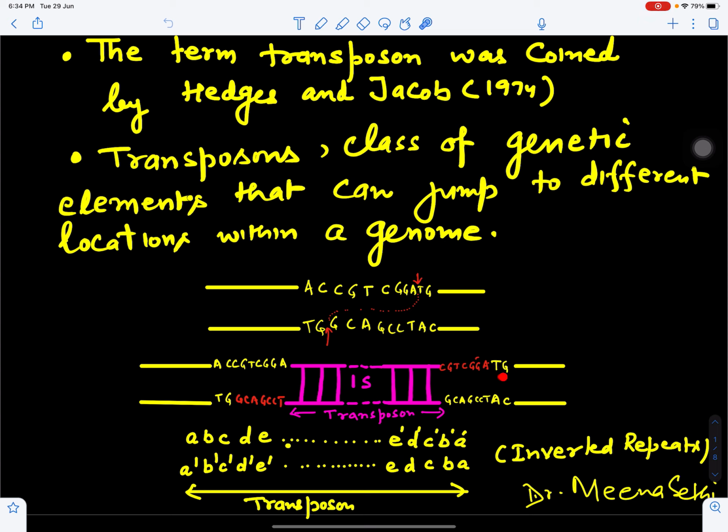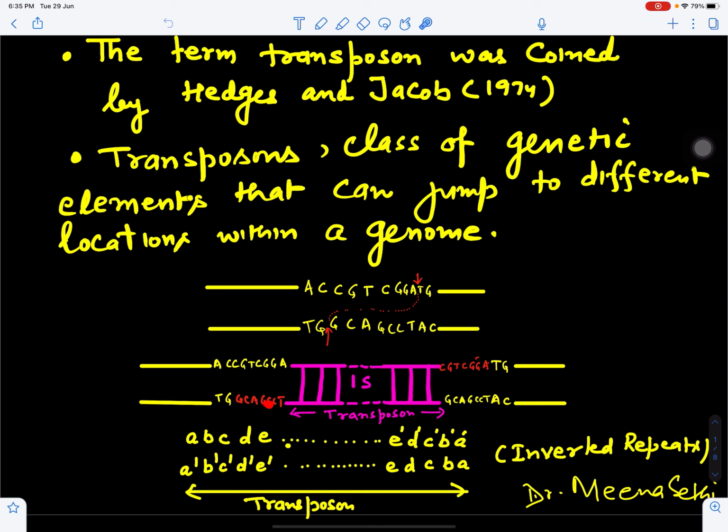Now TG will remain here, A, C, C, G, T, C, G, G, A. Here it will be TG at this place and the yellow sequence again on this side. So at this place, this insertion sequence or DNA has been integrated into the DNA of another genome. This transposon is the insertion sequence of one DNA, and this yellow colored DNA is the DNA of another genome. So they are getting integrated with each other.